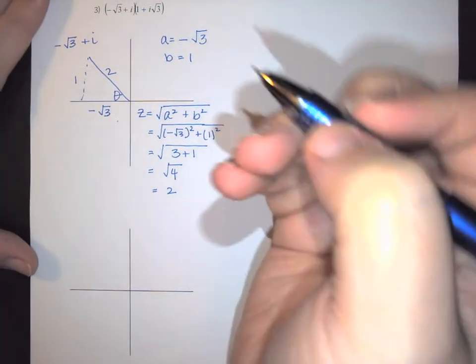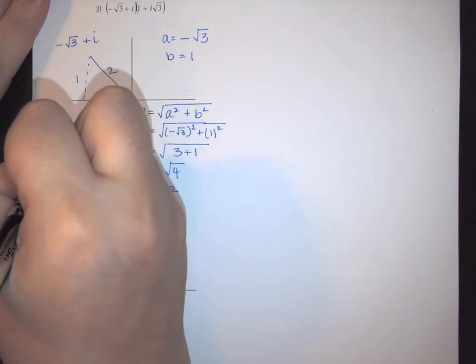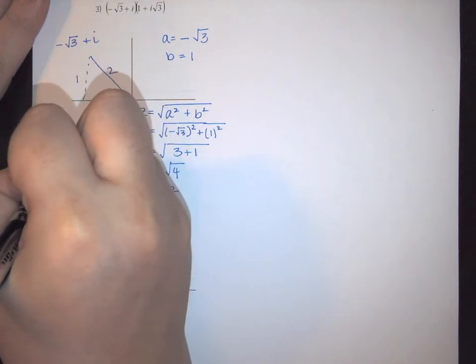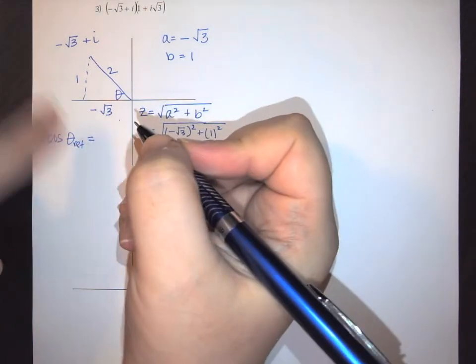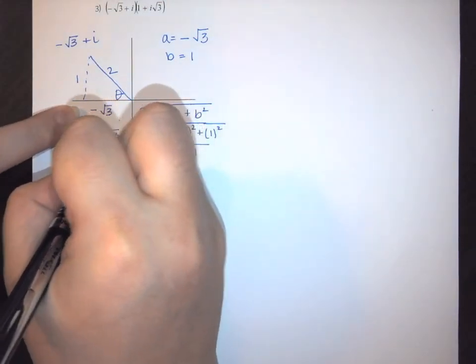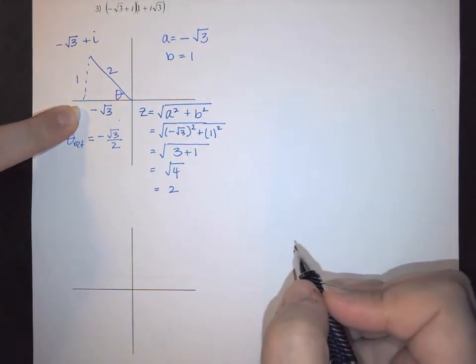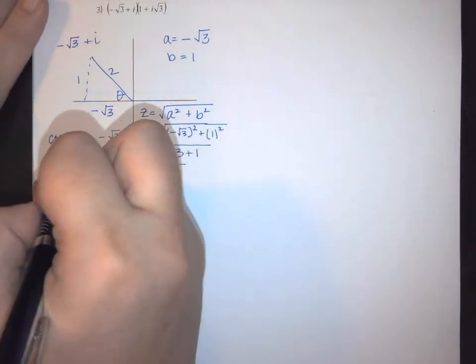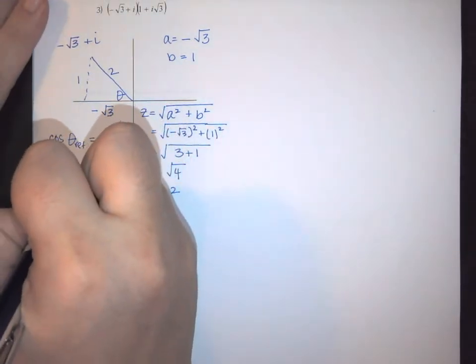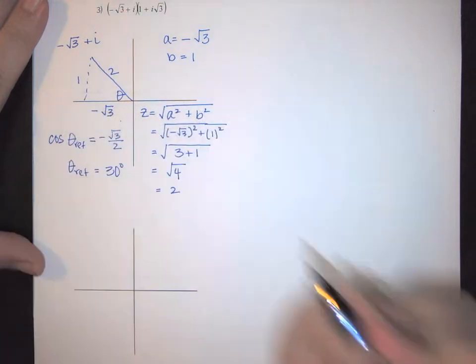So this is going to give us that the cosine of my reference has to equal negative square root of 3 over 2. If we take a look at that, negative square root of 3 over 2 means that my reference angle is going to be 30 degrees.